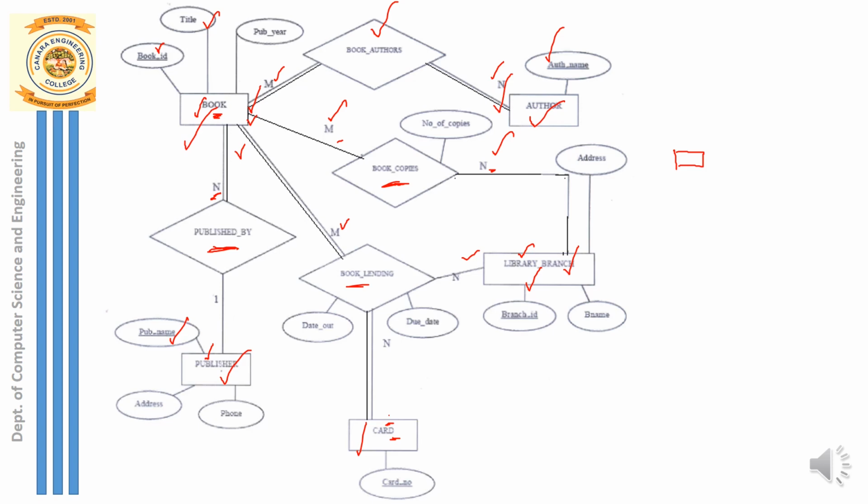It's like two different libraries. When I'm taking card as an entity here, it refers to cards used in multiple libraries, not just a single library.